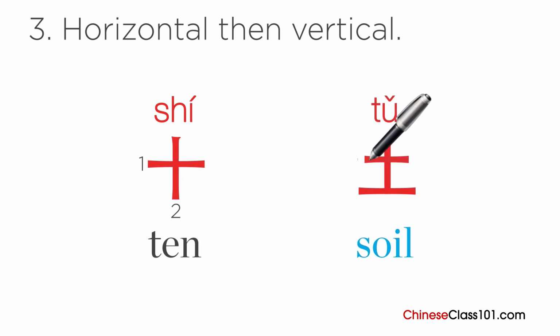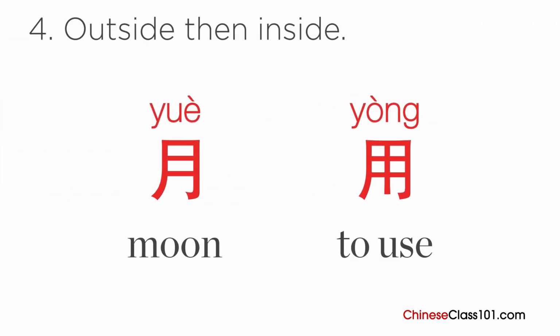土 soil. Outside, then inside. 月 moon. 用 to use.